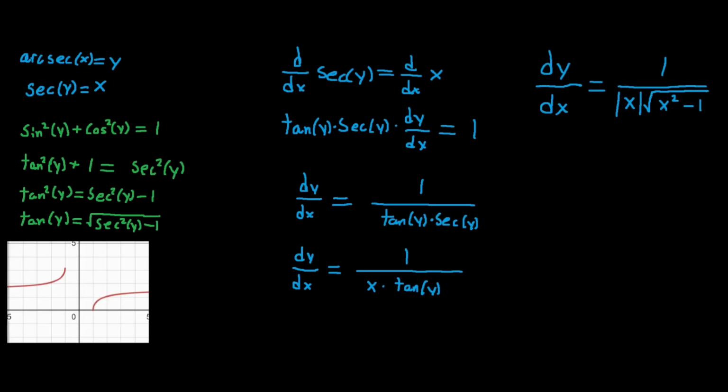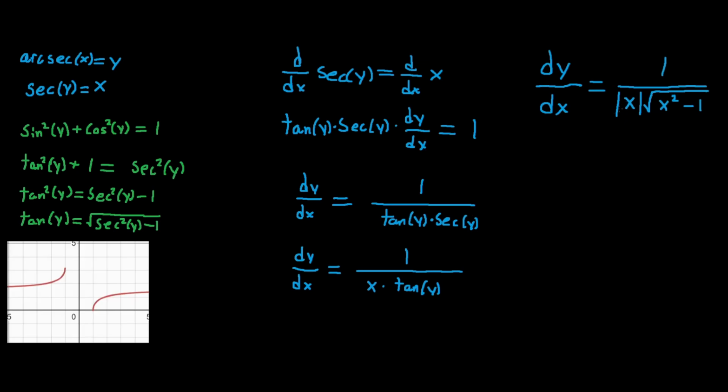This absolute value of x rules out any possibility for a negative to influence this derivative, because this is the only place where a negative would be able to be plugged in, because x squared, the squared exponent, will automatically make it not negative, of course, and then the square root itself, you can't take the square root of a negative number, so it's not like that would change anything either.